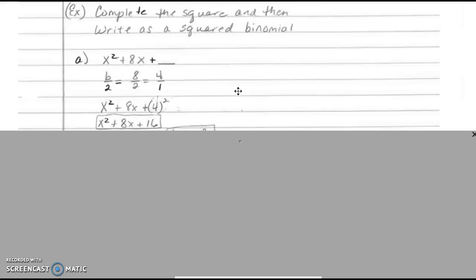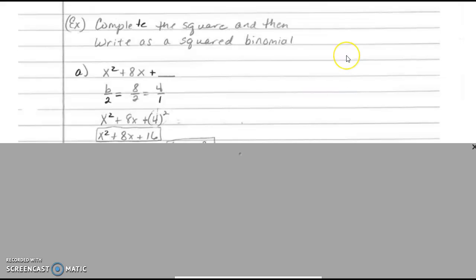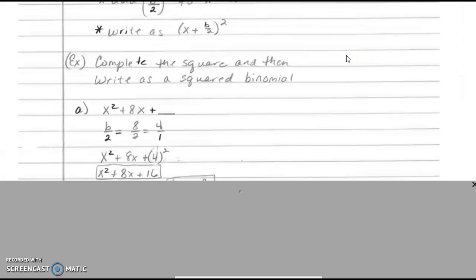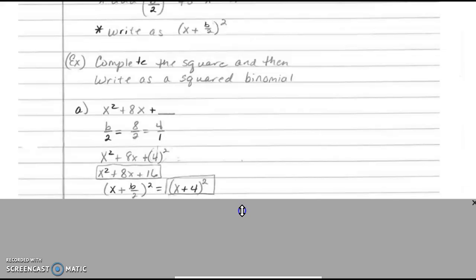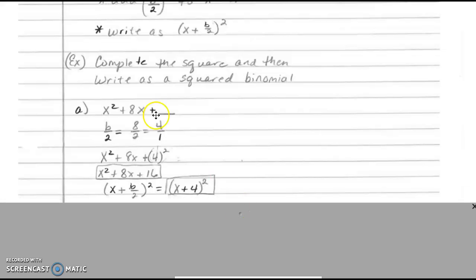So completing the square gives us the trinomial x squared plus 8x plus 16. That's part 1. And then part 2 is we're going to write it as a squared binomial. So going back up to here, that will be x plus whatever b over 2 was, squared. And what did we decide b over 2 was here? 4. So our second answer, where we're writing it as a squared binomial, is x plus 4, that quantity squared.